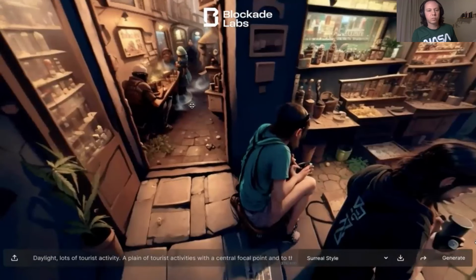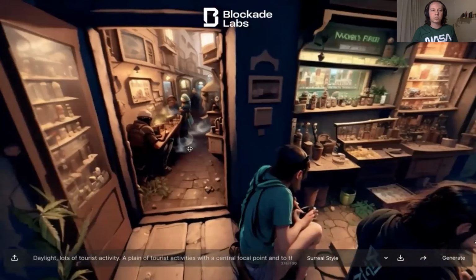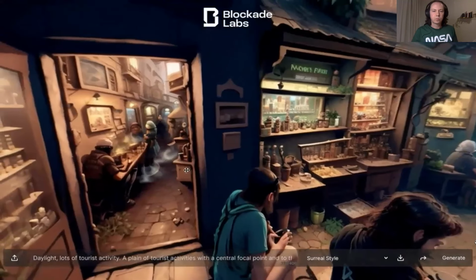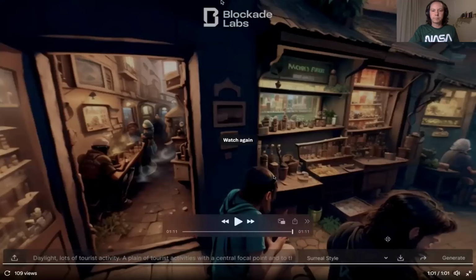And if anybody wants to play with this on your own, I think it's skybox.blockadelabs, and it's free and it's non-proprietary, like you get to keep whatever you create.